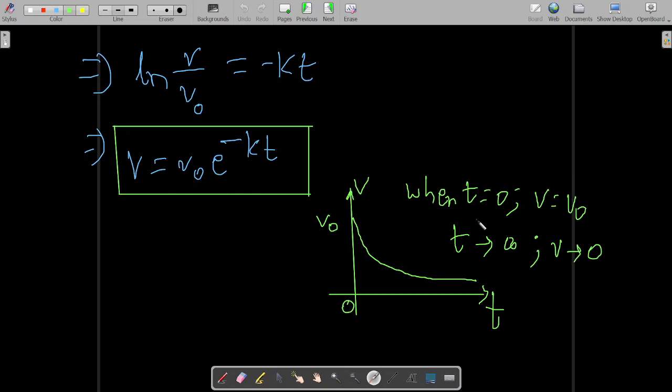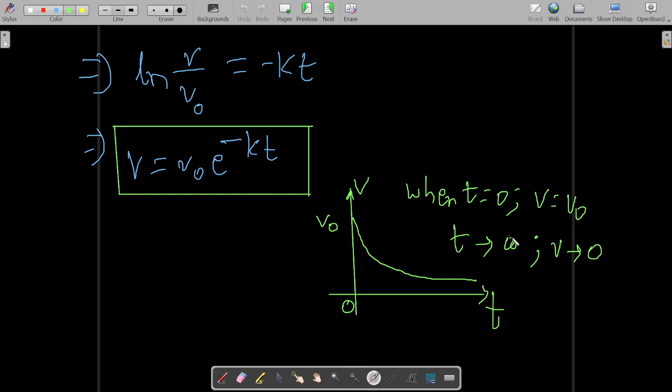Now when t equals 0, v equals v naught. And when t tends to infinity, v will tend to 0. It is wrong to say that t equals infinity, because infinity is not a defined number. When we take very huge values, then we say that it is tending to infinity. In reality you can take any number as large as you want.